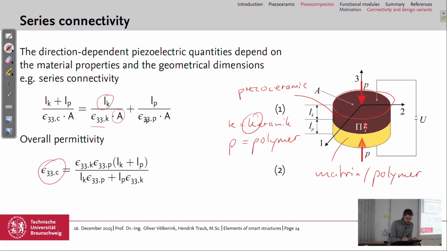And if we then transform it to epsilon 3 C, C then stands for the composite, not for ceramic, then we have an equation for the overall permittivity of a series connectivity.